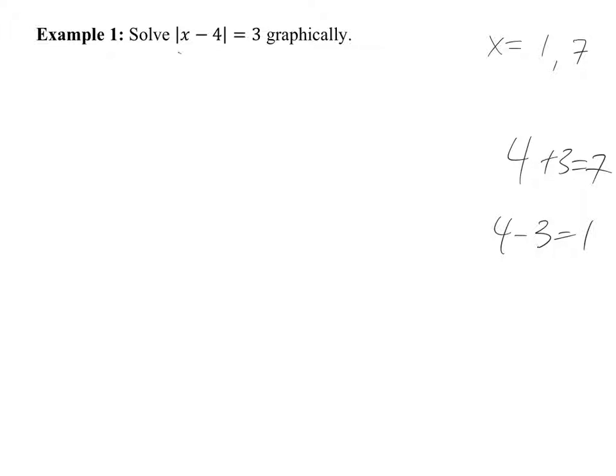So this means that the distance between x and 4 is 3. Let's write that down. The distance between x and 4 is 3. That's what that statement says physically. This comes from the previous slide.